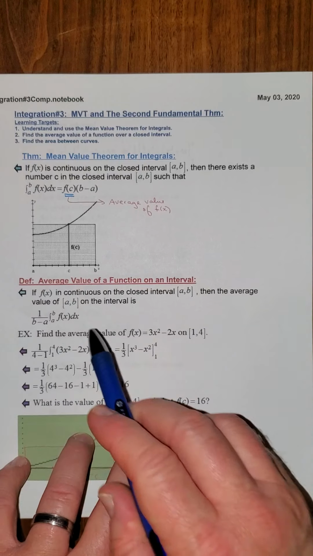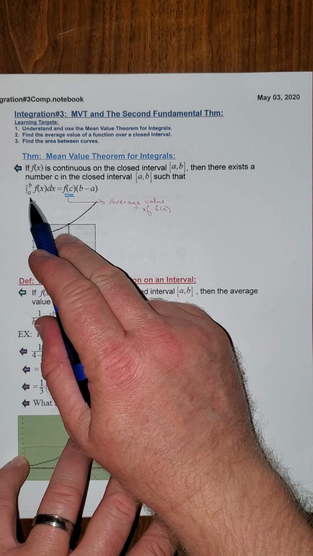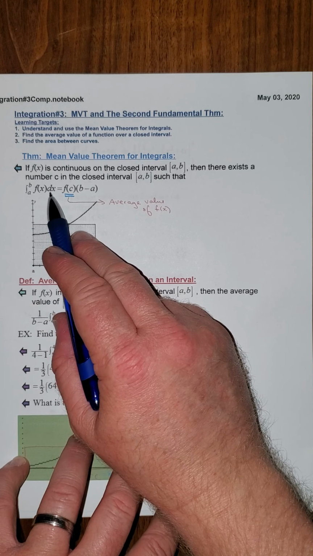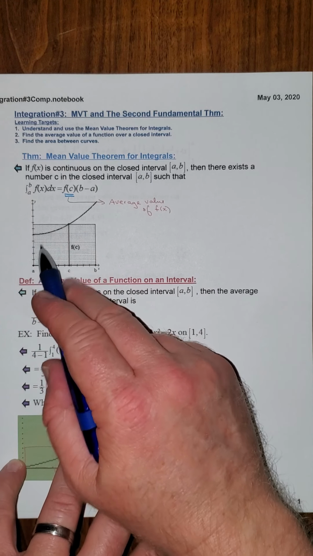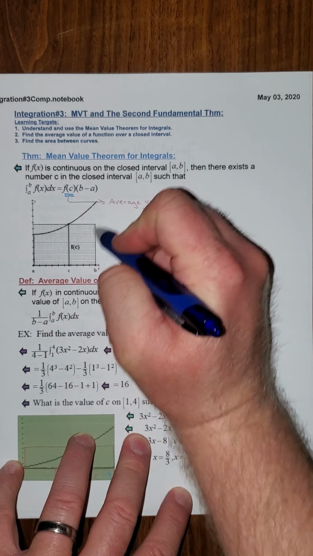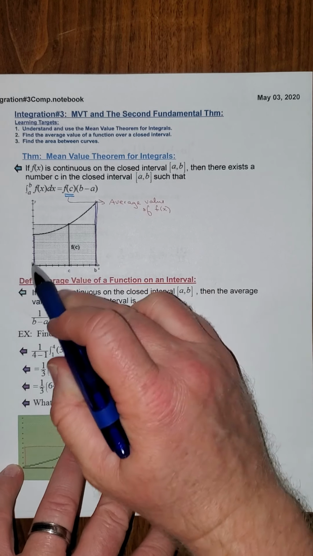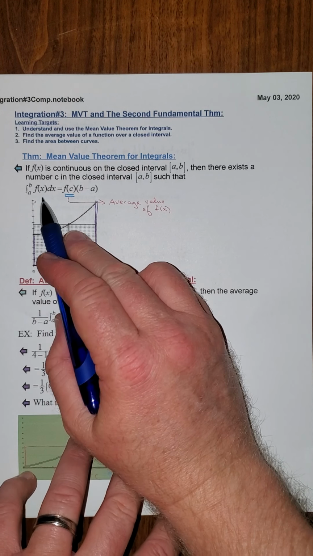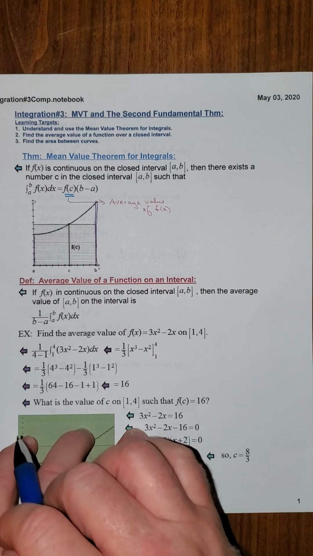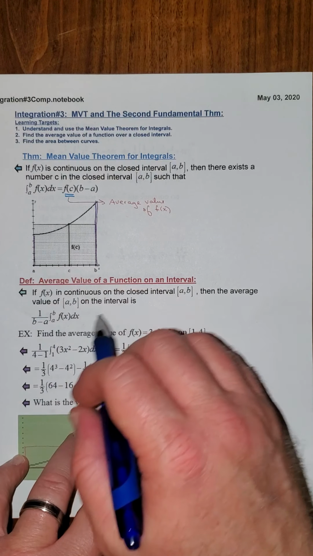Now, we have talked about the fact that a definite integral from a to b of f of x dx equals the area under a curve. So if I were integrating from a over here to b over here, the area under that curve can be found by this integral. Now, what the mean value theorem is saying is that that area should equal the area of some rectangle.